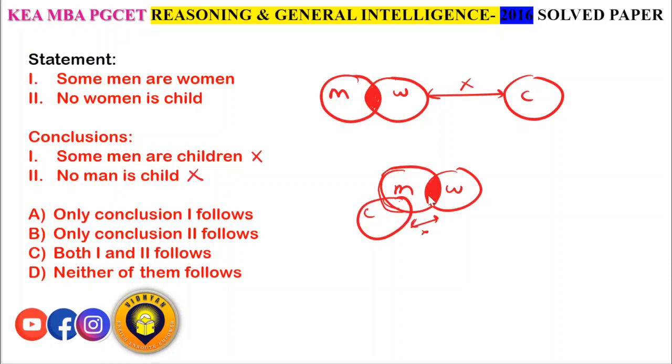Some men are not child is true, but no man is child is false, because I can draw the diagram like this where it looks like some men are child also. So this conclusion is false. Again, neither of them follows.